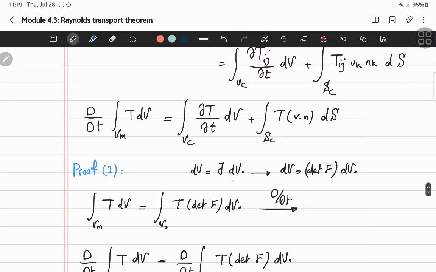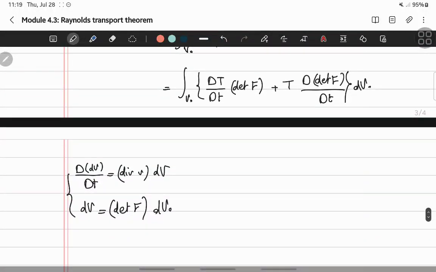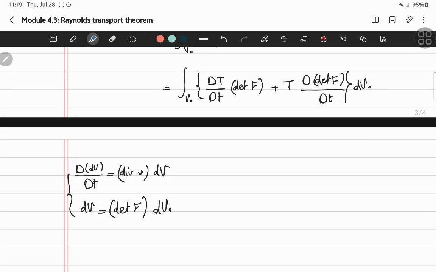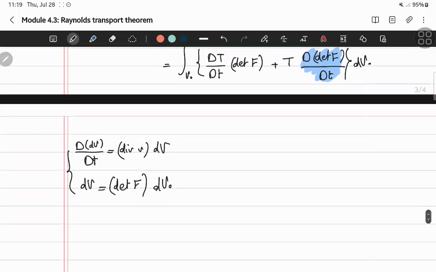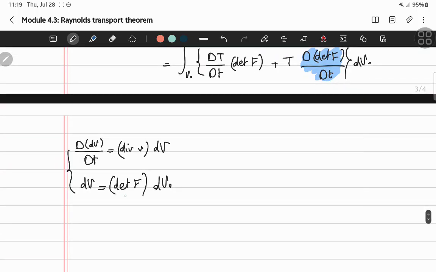It was in here where we started. So we are going to find the material derivative of the determinant of F. Based on this, if we take the derivative from here, we can get something out of it.